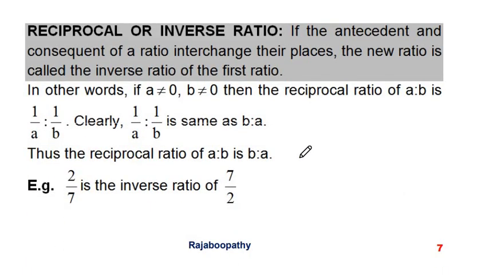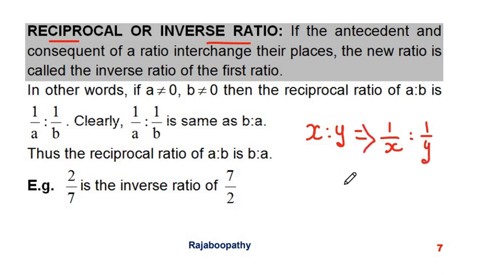So next is the reciprocal or inverse ratio. What is reciprocal? For example, the reciprocal of the ratio x is to y can be written as 1 by x is to 1 by y.